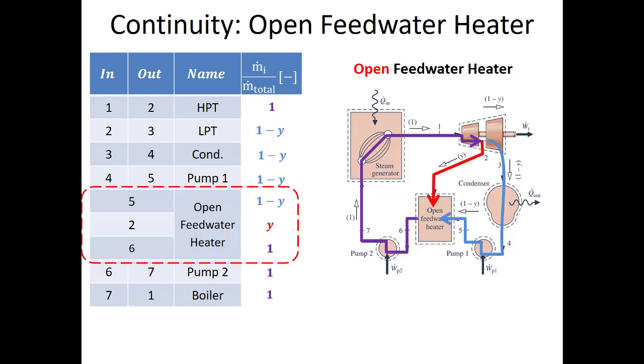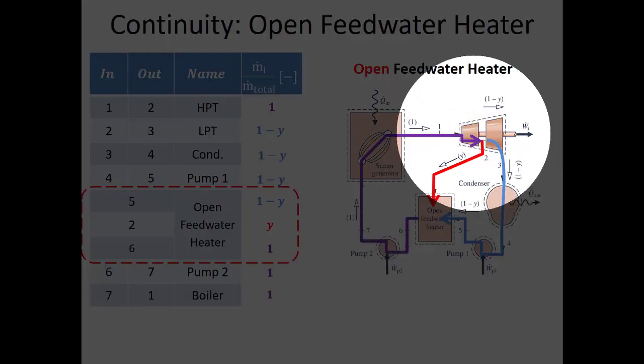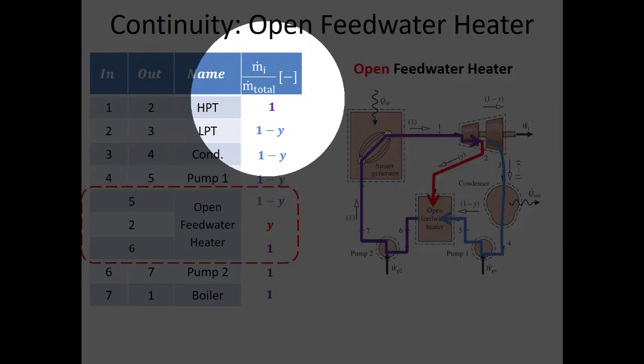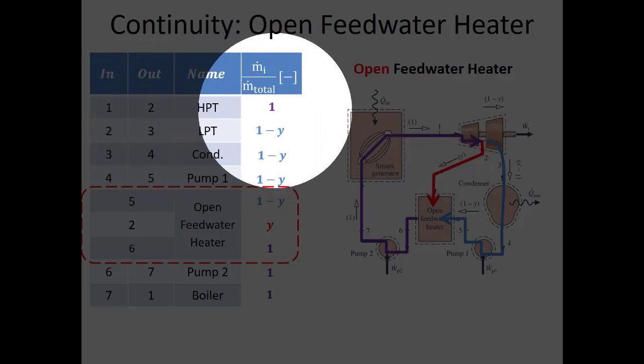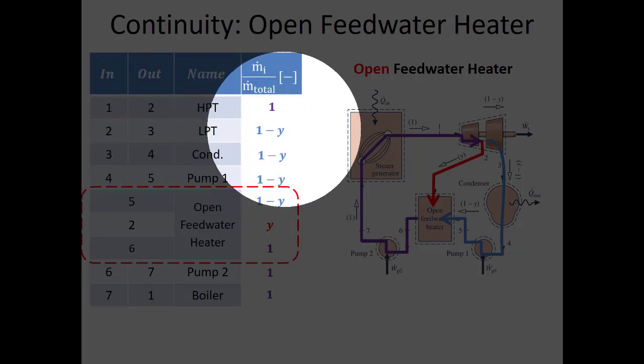So this is a little bit tricky because sometimes when I'm talking about state 2, I'm talking about state 2 as the inlet to this low pressure turbine. And in that case, here, actually at the outlet of the high pressure turbine, I'm talking about state 2 getting the whole mass flow rate. At the inlet to the low pressure turbine, I'm talking about state 2 getting the undiverted mass flow.